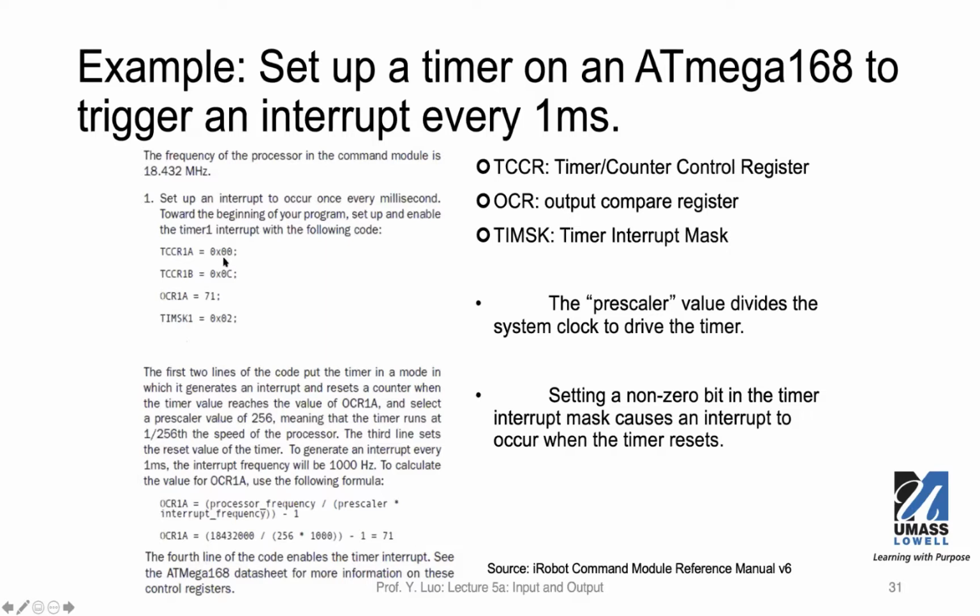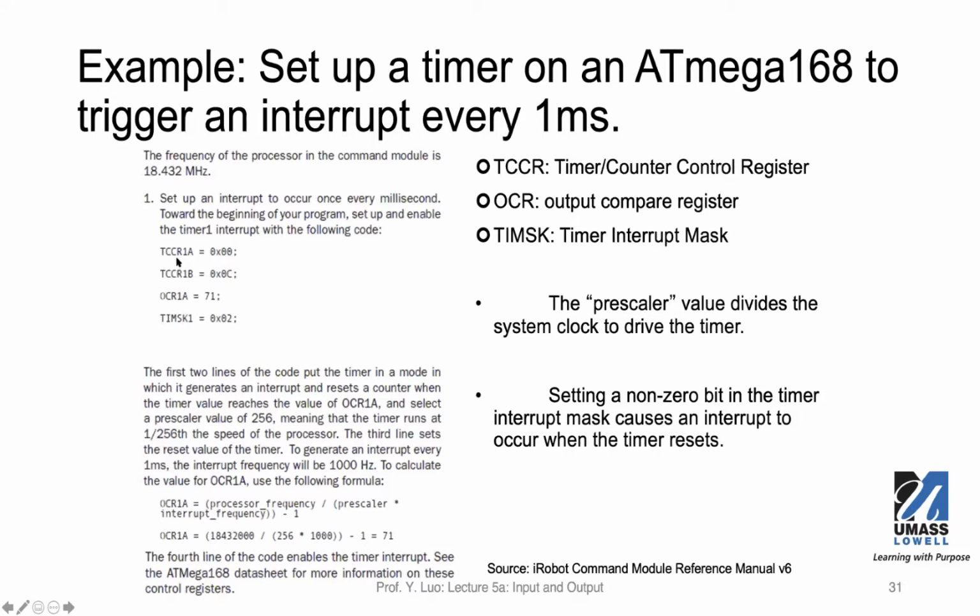So in these 2 values, what really matters is the particular bit in this value and also the particular bit or bits in this value, because in these registers, each bit will mean different things. When we assign these values to these control registers, they will set or reset some of the bits.